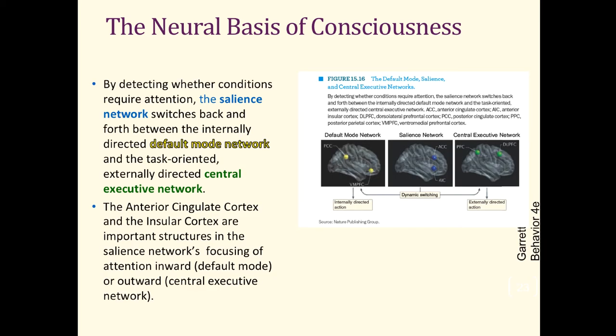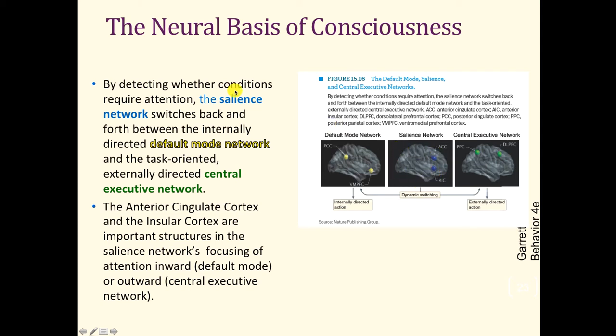Now we look at how the brain underlies consciousness and how different types of brain activity are involved. We can think about these different networks. So remember, instead of looking at just isolated brain regions, we want to start thinking about how different regions work together and some of the connections between these areas. We're going to look at the salience network, shown here in blue in the middle brain scan.